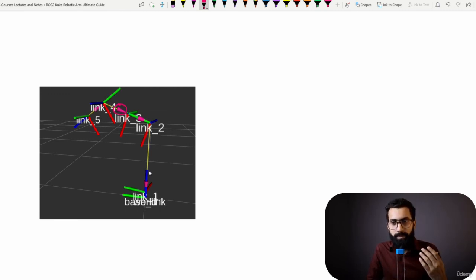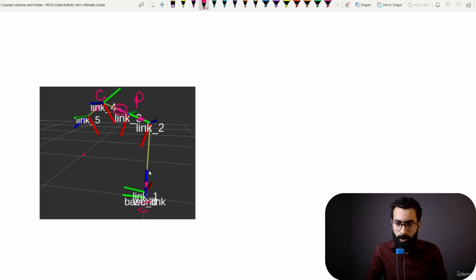Now you can see from link number 4 to link number 3, this arrow is going outside of 4 and going inside, or to a point in, link number 3. This is representing that link number 3 is actually the parent and link number 4 is the child. So we have to define the structure of the robot in a parent-child relation.